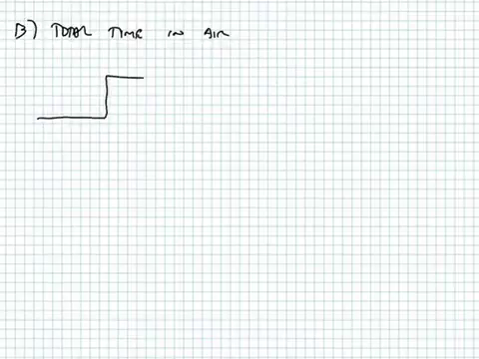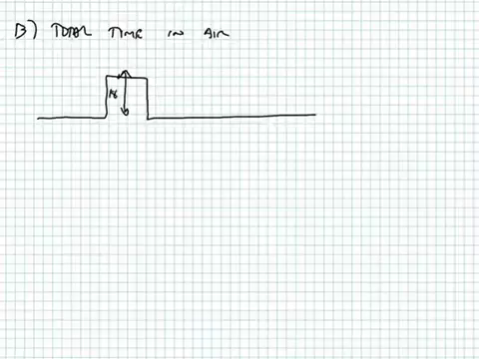I want to find, part B, the total time in the air. So I'm going to redraw this problem again. Cliff is 18 meters, 18.0 meters, and so the ball is launched.